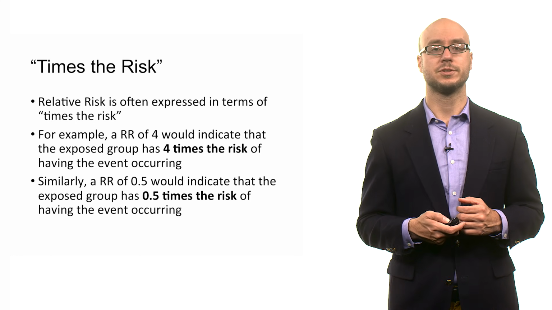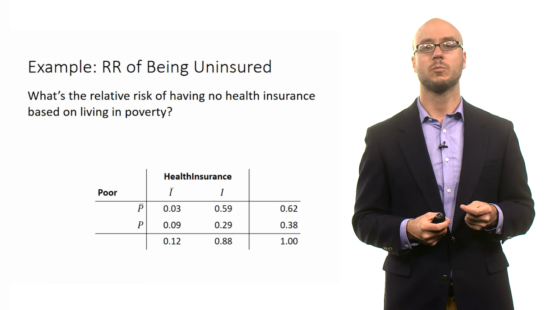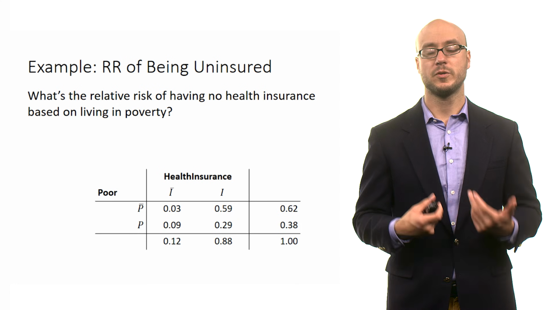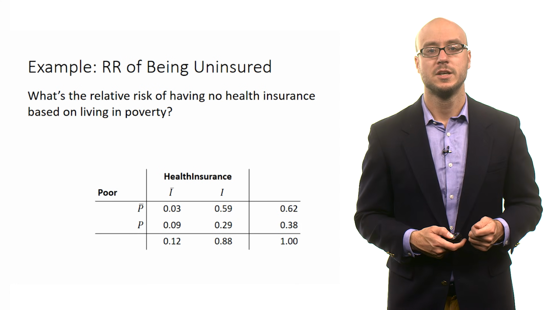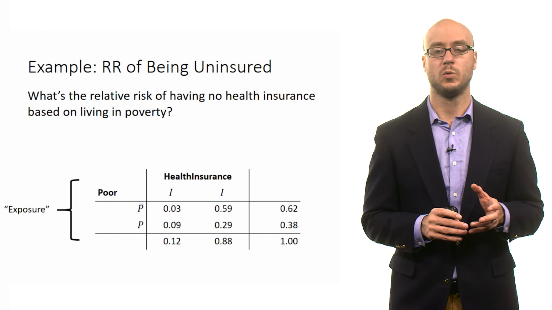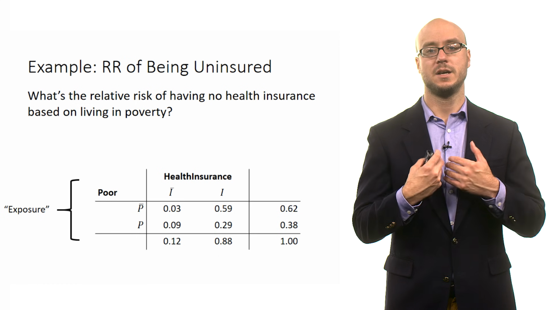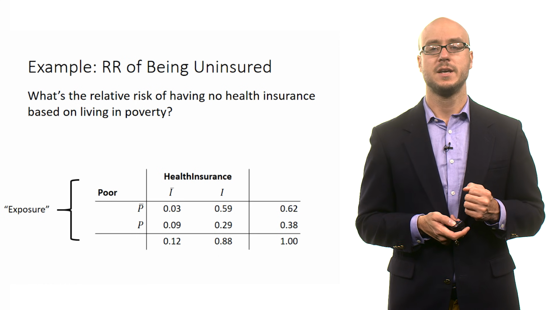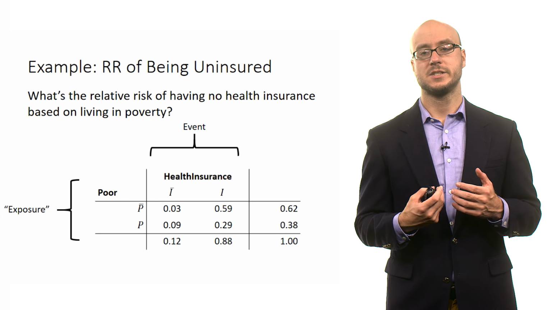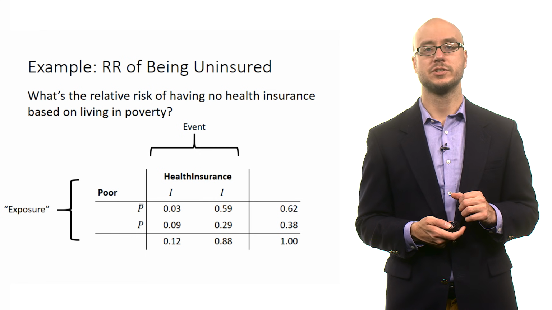So let's look at the example of being uninsured. We're going to calculate the relative risk of having no health insurance based on whether or not you live in poverty. So the exposure is being poor versus not being poor. And then we can also look at some outcome or event. In this case, we're going to look at not having health insurance versus having health insurance.